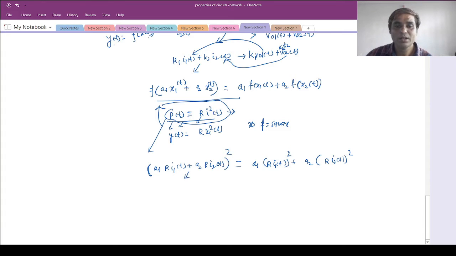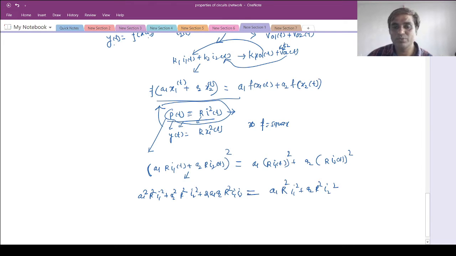Is it equal? Let us solve this. We will get a1 square R square i1 square plus a2 square R square i2 square plus 2 a1 a2 R square i1 i2, and on this side is a1 R square i1 square plus a2 R square i2 square.